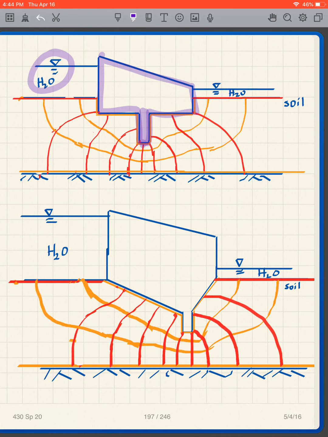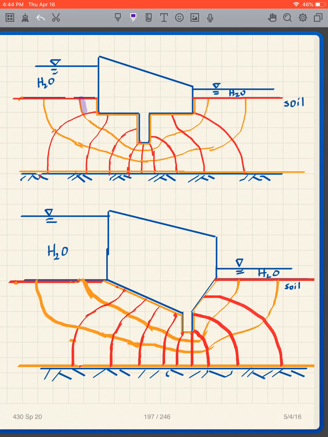And when that occurs, what happens is that we cannot seal things perfectly. This never happens. Because the water level is high on this side and low on this side, the water wants to go around the dam underneath it. And that is what we're interested in.